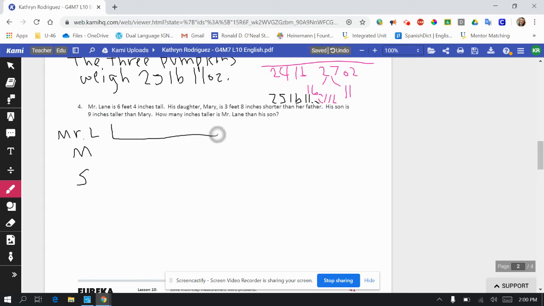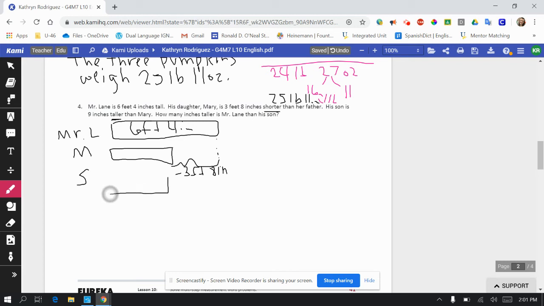All right, so he is really tall, 6 feet 4 inches. Then we have Mary, who is shorter. So minus 3 feet 8 inches. Because she is shorter, we need to subtract. And then his son is taller than Mary. So I'm going to add that here, 9 inches.